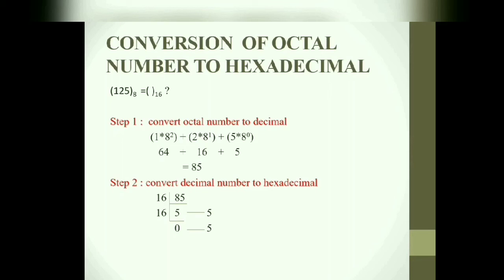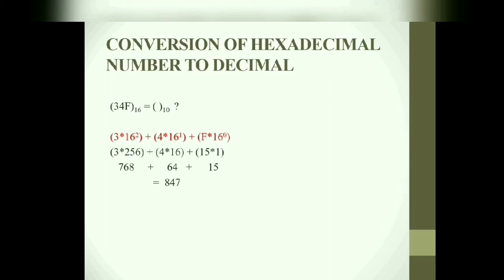Convert this octal number into decimal. So 85 is the decimal equivalent of the octal number 125, and again convert the decimal number 85 to the hexadecimal equivalent, and at last we got 55 is the hexadecimal equivalent of the octal number 125. So here needs 2 conversion methods.